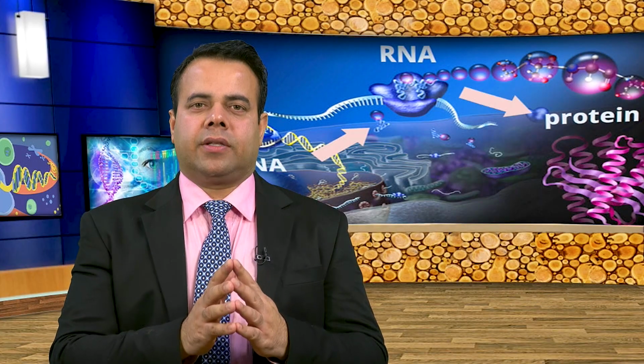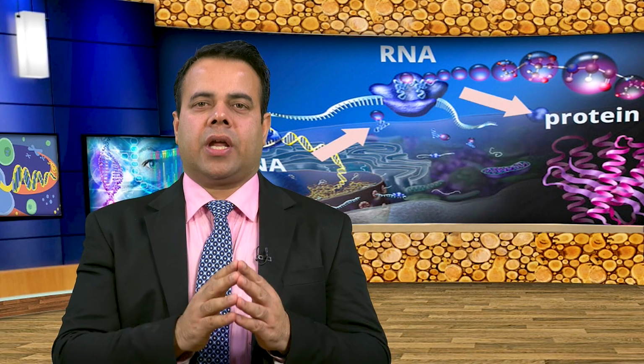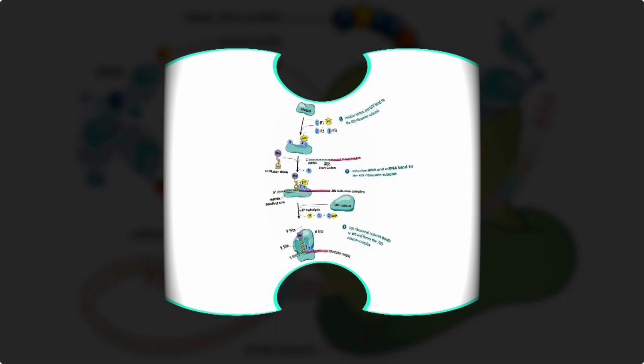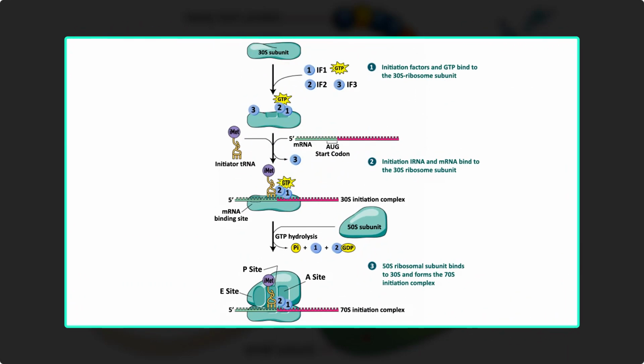The steps involved in protein synthesis are initiation, elongation, and termination. The initiation begins with the binding of IF1 and IF3 to the small subunit of the ribosome, that is 30S.